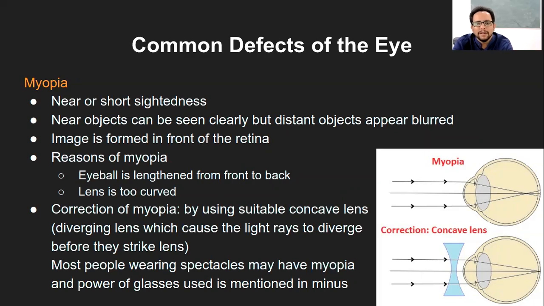That means they have a defect called myopia, which is short sightedness, or what we also call near sightedness. So in myopia, the near objects, that is the objects that are very close within a certain range, can be seen clearly, but the distant objects cannot be seen clearly. And why does that happen? That is what the image speaks of.